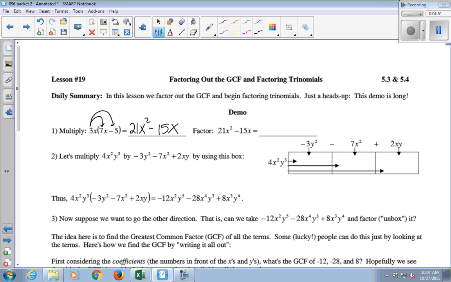How does that get rewritten? Yeah, 3x times 7x minus 5. Yeah. So this particular problem you knew because we had just done that multiplication problem before. But coming up with that 3x times 7x minus 5 from scratch takes some practice and some techniques that we're going to learn today.